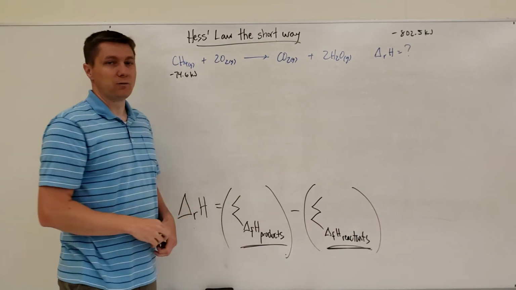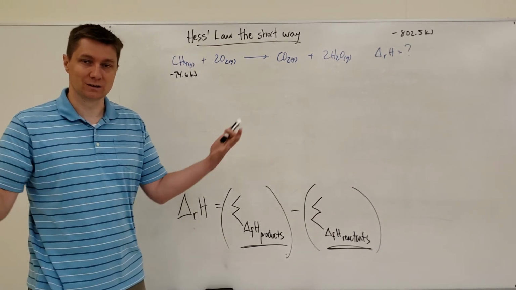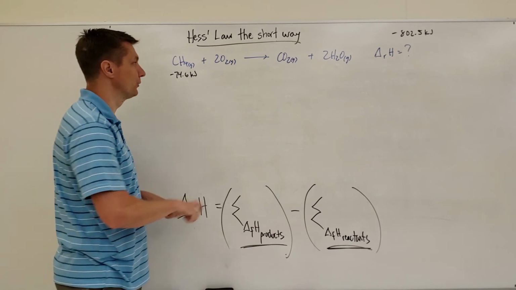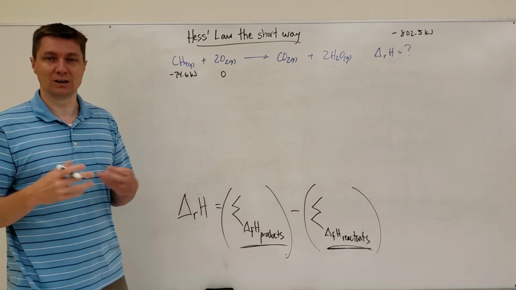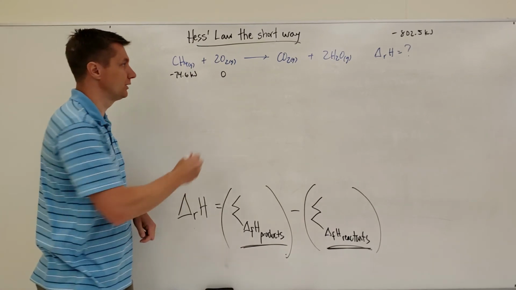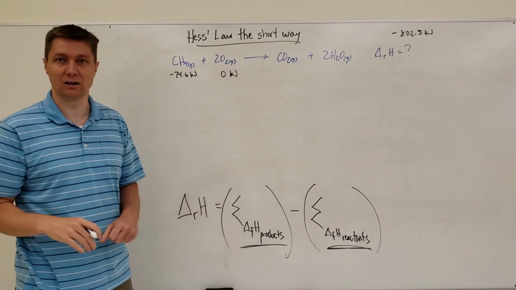The molar enthalpy of formation for an element is 0, because elements have just existed since the beginning of time. We don't form elements, they're just there. And so because of that, they don't have a heat of formation. It's just 0 kilojoules for any elements that you find in a chemical reaction.